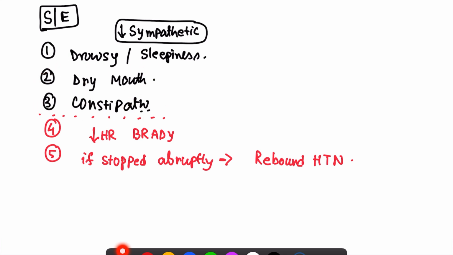These are basically your side effects, as well as, because of this central suppression activity, there will be drowsiness and sleepiness. And remember, clonidine reduces the heart rate. If it reduces the heart rate further, it will lead to bradycardia, and if this drug is abruptly stopped, it will lead to rebound hypertension.